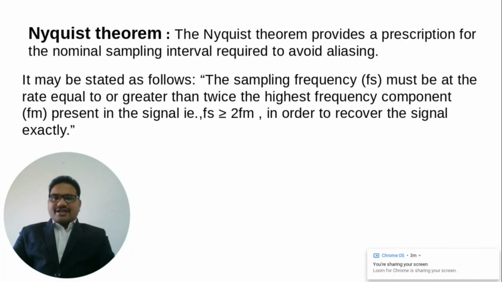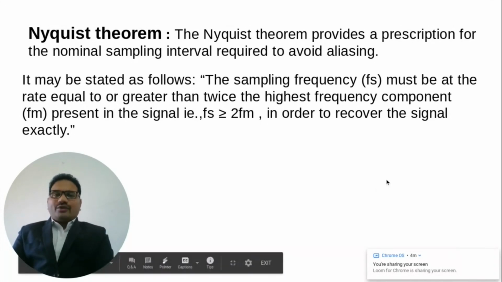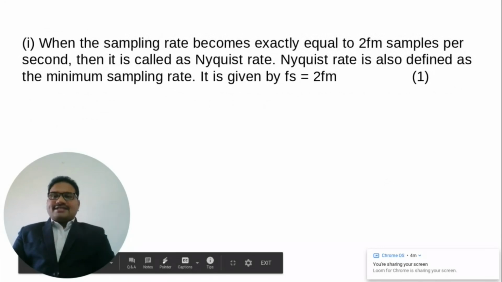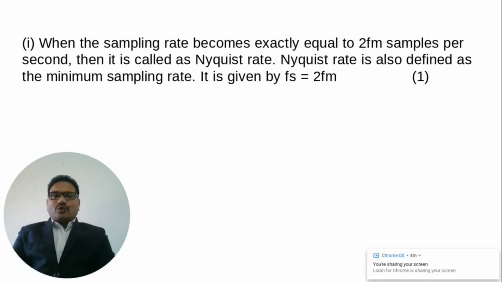That is, fs should be greater than or equal to 2fm in order to recover your signal exactly. When the sampling rate is exactly equal to 2fm, it is called the Nyquist rate.